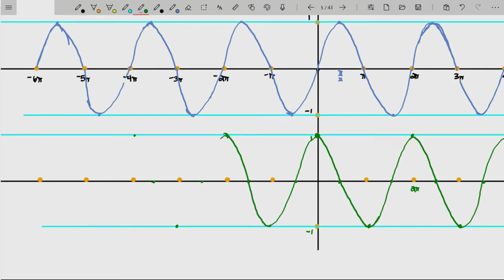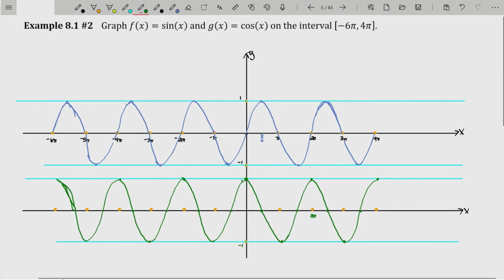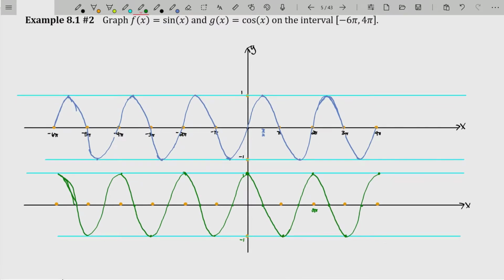We generally go for a single cycle just to see what the base graph looks like. But this is just a heads up that you could be asked to do that. Whoops, kind of messed up at the end. Sorry about that. My hand slipped. So there we go. Those are the graphs of the sine and cosine by hand from negative 6 pi to positive 4 pi. There you go.